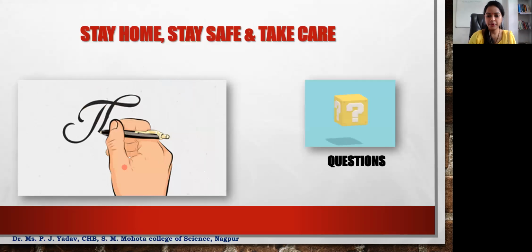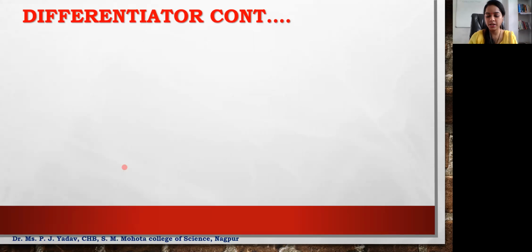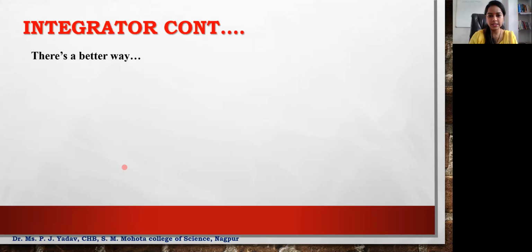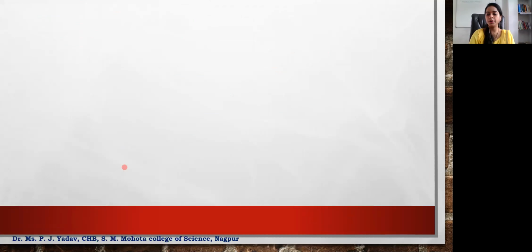So if we revise what we have seen in today's lecture, we'll go to our first slide and compare. Why have I told you two circuits together, the integrator and the differentiator? Because the things are very common in both applications.